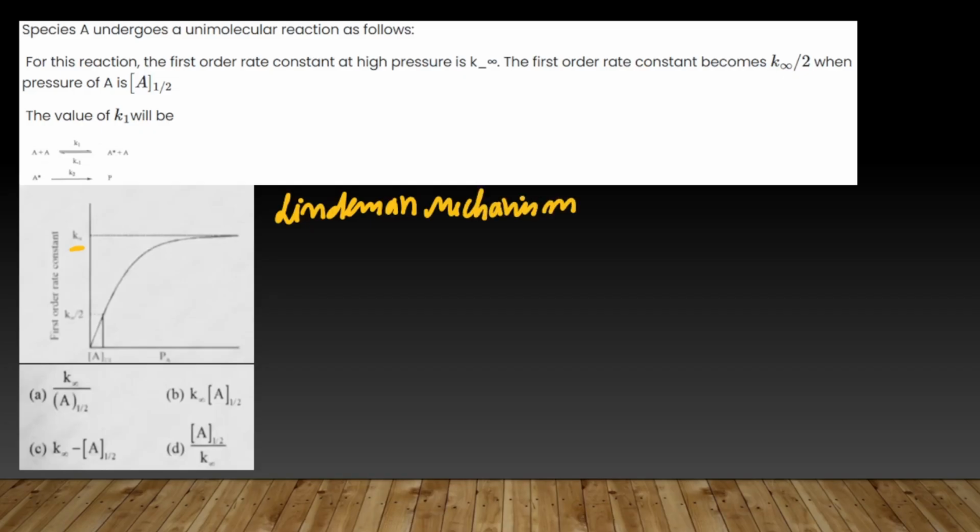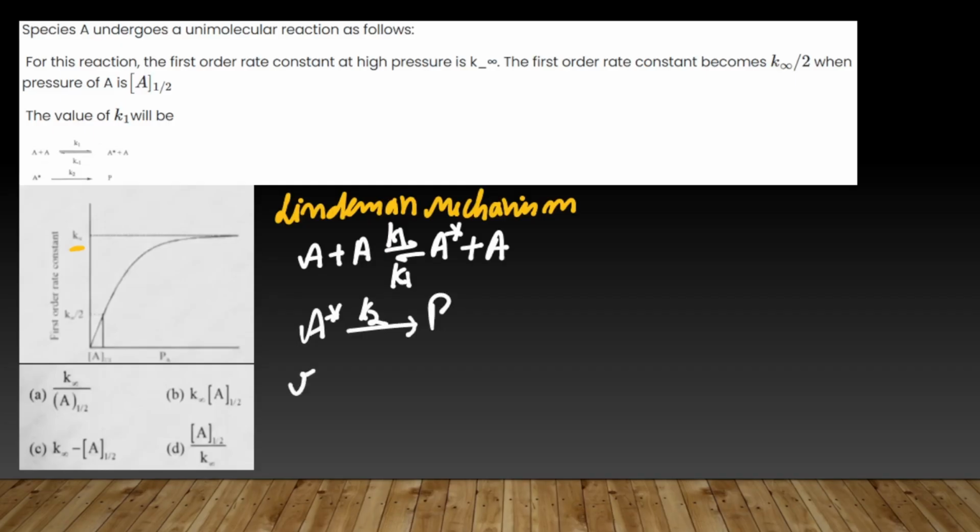The equations given are for the Lindemann mechanism only, which is A plus A, combining with the rate constant K1, K inverse, giving us activated complex A star plus A, and then this activated complex with the rate constant K2 gives you the product P. So the rate expression for this is K1 into K2 into A squared upon K inverse of A plus K2. This is the rate expression we get from the mechanism that we have written.